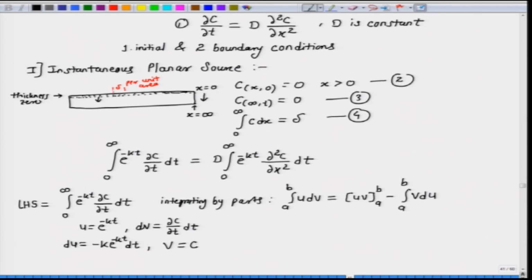So, we substitute in the integration by parts for u and v, and our LHS becomes u, e to power minus k t, times v, c, from 0 to infinity minus integral 0 to infinity v du, where v is c and du is minus k. So, this is a constant, let us take that out, minus minus becomes plus, k integral of e to power minus k t c dt.